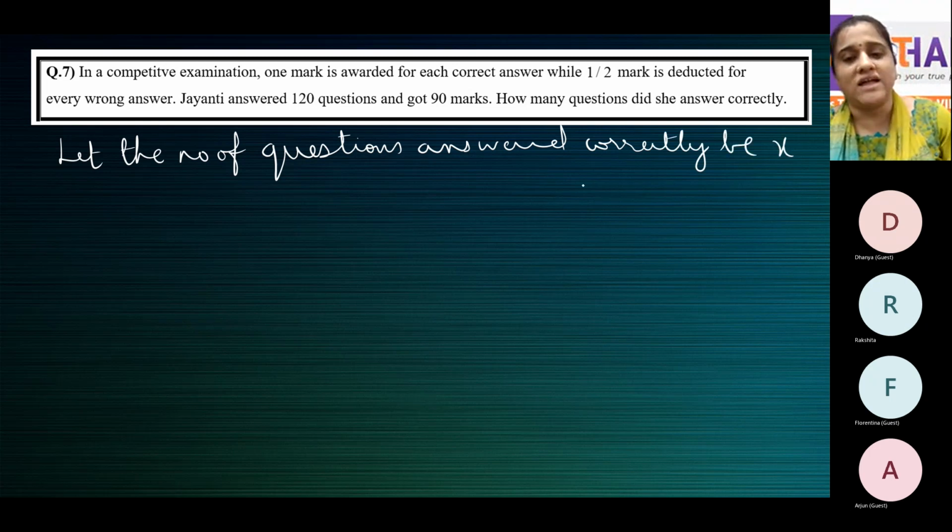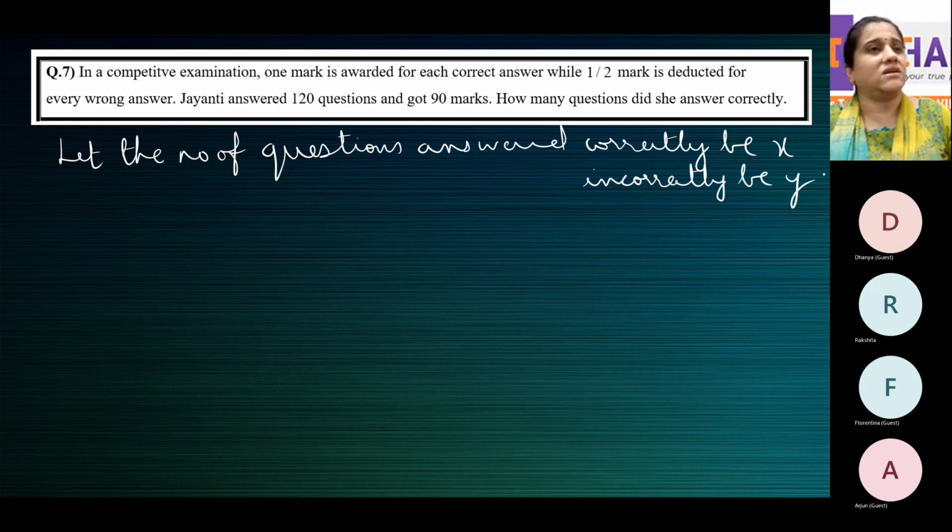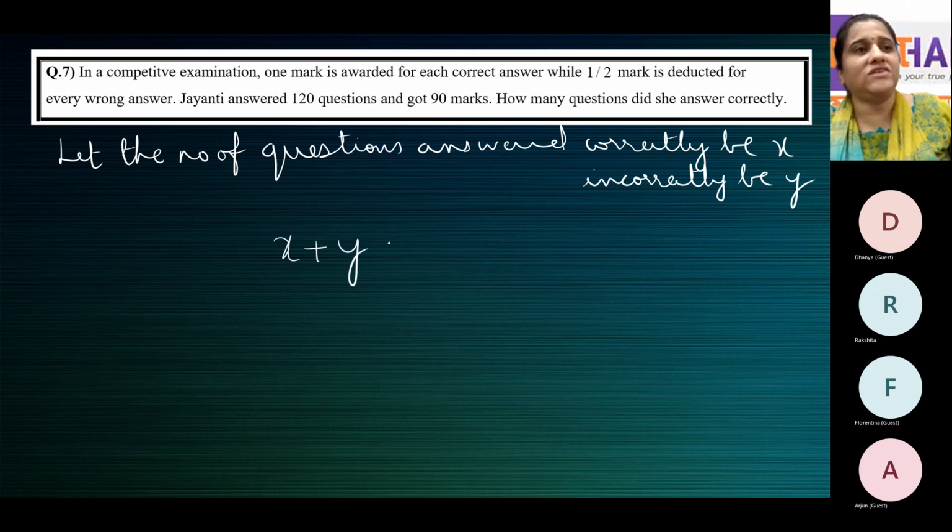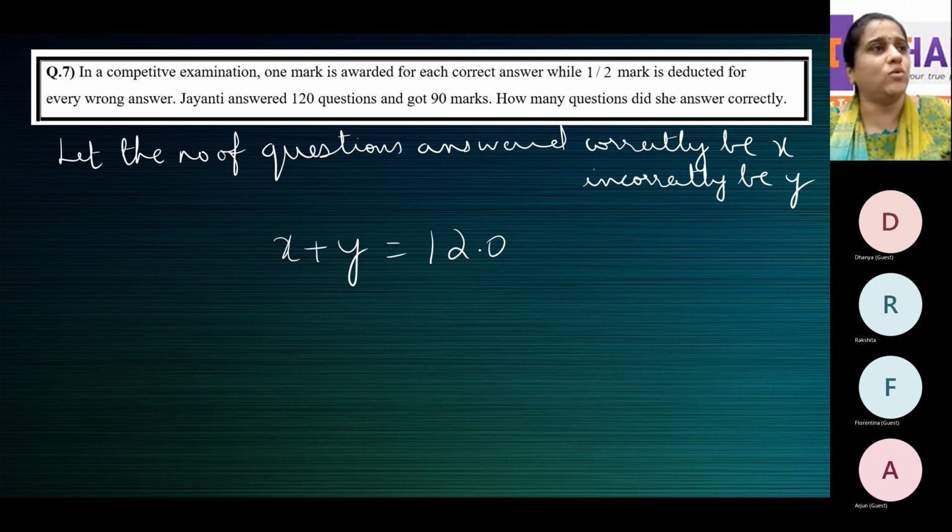Let the number of questions answered incorrectly be y. Correct? This is how we should assume. Total number of questions is 120. So we'll assume that x she's answered correctly, y she has answered incorrectly. So what is the first equation? x plus y is equal to 120. Totally 120 questions.